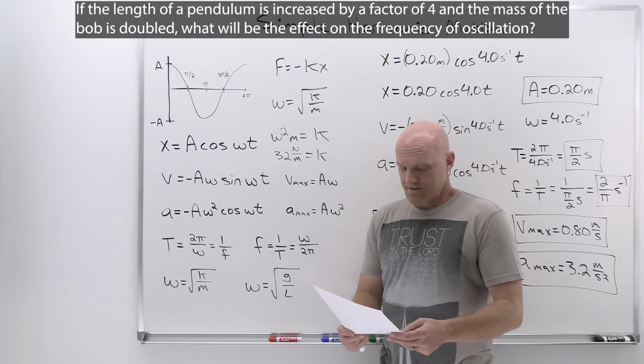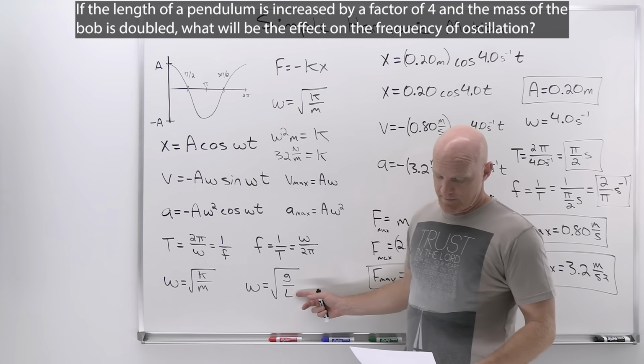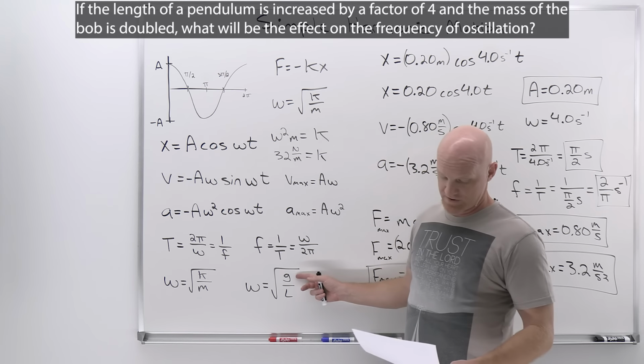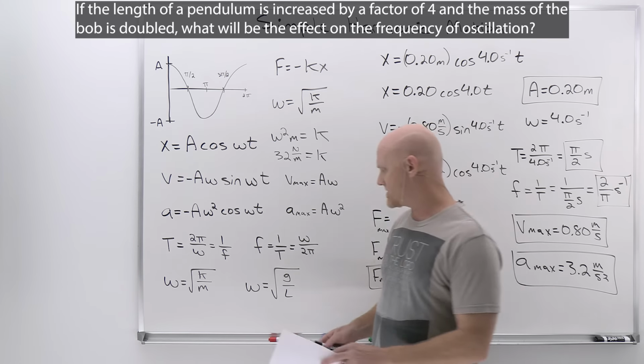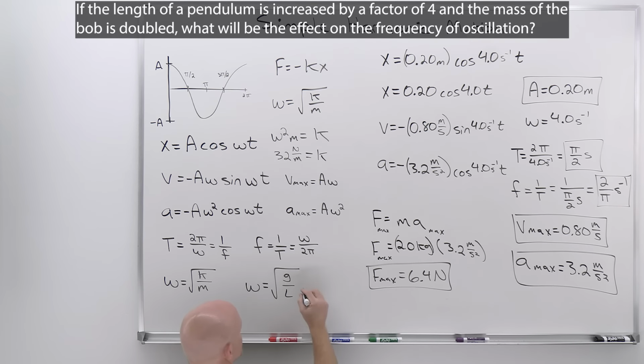All right, so if the length of the pendulum is increased by a factor of 4, and the mass of the bob is doubled, notice gravity wasn't changed. So what will be the effect on the frequency of oscillation? A couple things you need to remember here is that the frequency factor is proportional to the frequency.